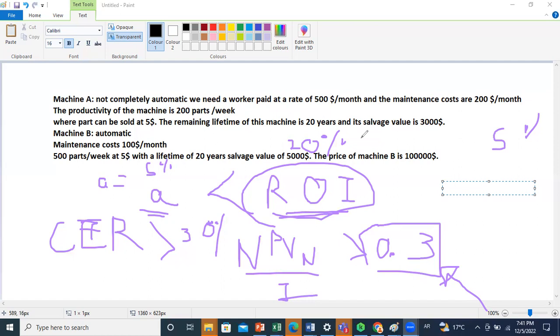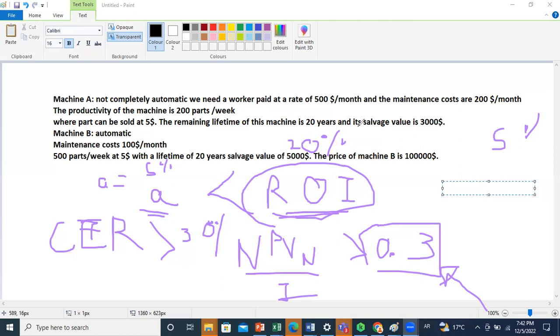Look, no, the idea is, you mean you want to project to the future? But no, I will tell you why. Because in general, the salvage value is the value of the machine when you cannot use it anymore. Machine A is still productive. You can still use it, but because you are bringing a new machine, you don't need it anymore and you will not keep it with you.